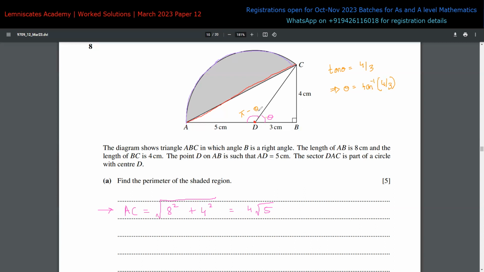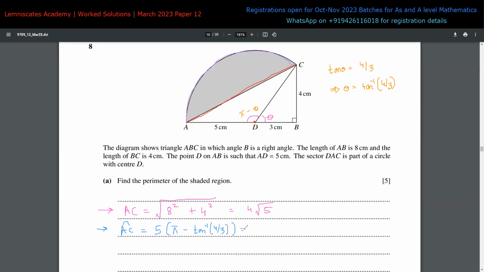And now the length of arc AC is equal to radius times this angle. The radius of this sector DAC is 5. If we multiply it with this angle pi minus theta, that is 5 multiplied by pi minus tan inverse of 4/3, we are going to get some answer.